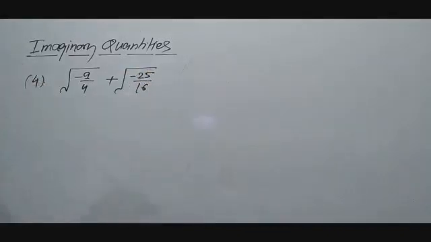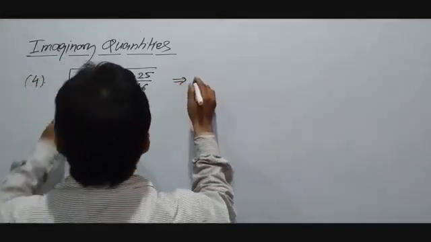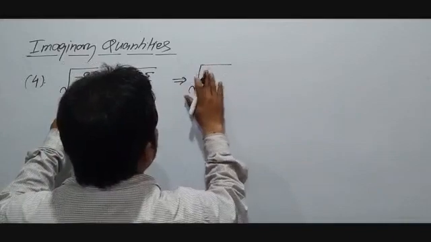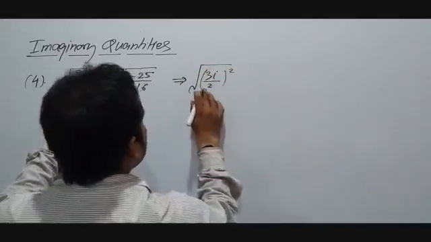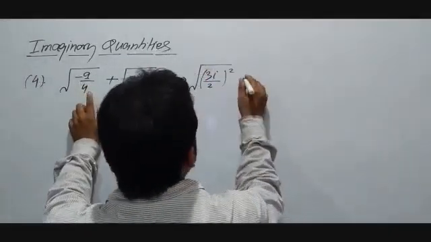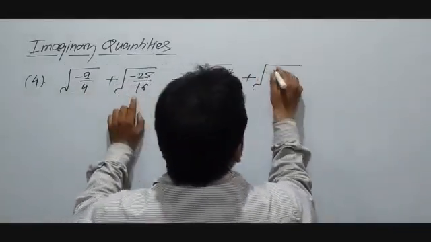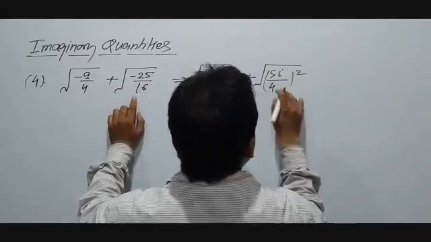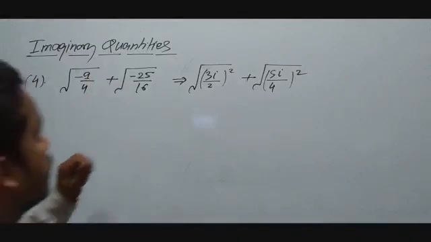So what will be its calculation? See, it's a calculation we can write. This is i square, or this is the calculation of 3i by 2 whole square we can write. So 3 by 2 squared means 9 by 4 and i square result is minus 1. Now this calculation also we can write. This is 5i by 4 whole square. Now you can solve it easily.